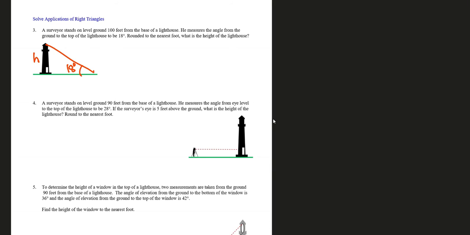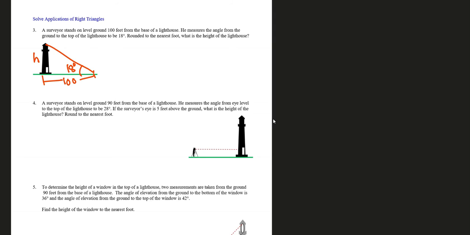It says he measures the angle from the ground to the top of the lighthouse as 18 degrees, and the surveyor stands 100 feet away, so this is 100 feet. It looks like a right triangle, so we can use trigonometric functions to find the height of the lighthouse.